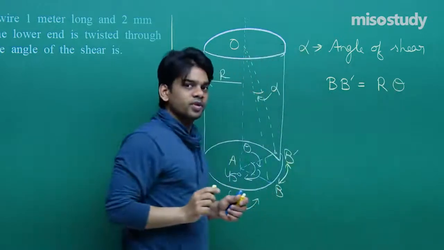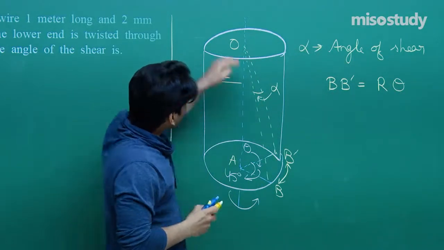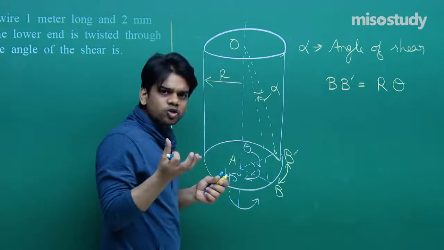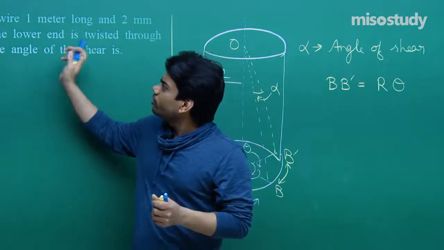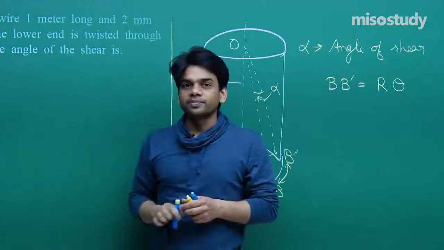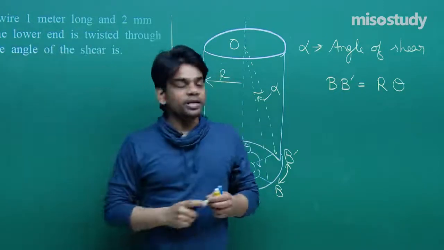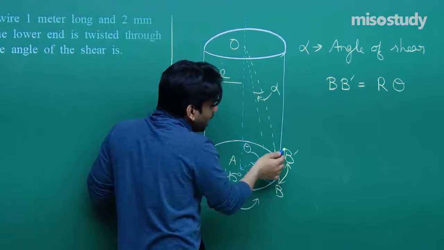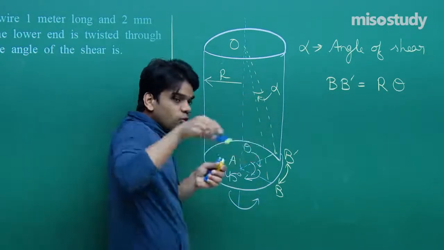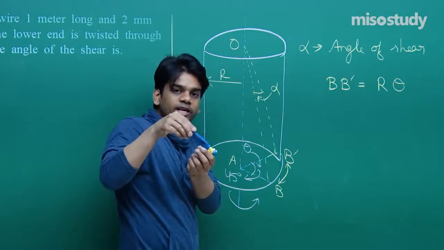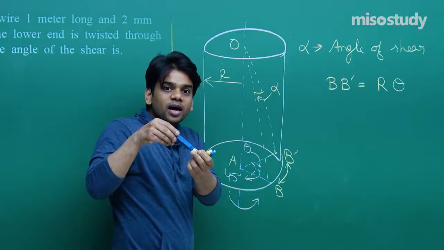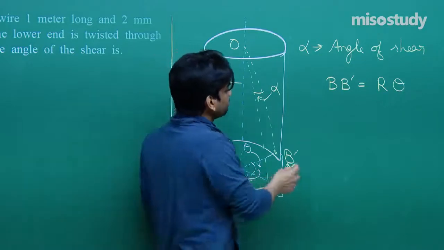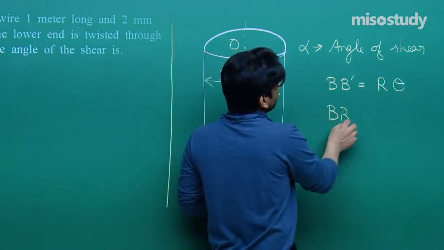First thing, you can easily write. Now observe the same thing: the length is L, the radius is quite small, only 2 millimeter, and the length is 1 meter. From this figure, understand, BB dash will again turn out to be, since you have actually rotated, length into alpha.